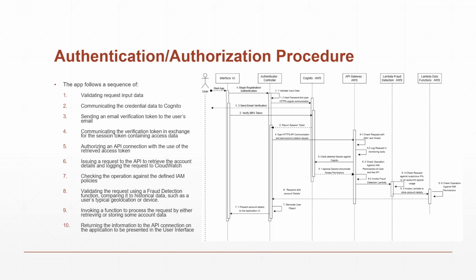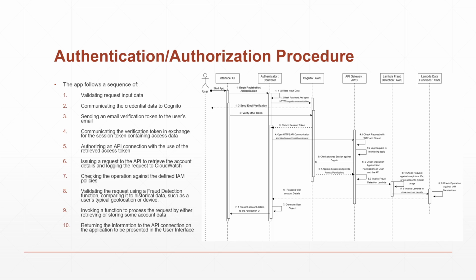Then we will validate the request using a fraud detection function, comparing it to an account's historical data, such as the user's geolocation or device. And after the request is validated, we will invoke a function to process the request by either retrieving or storing some account data.